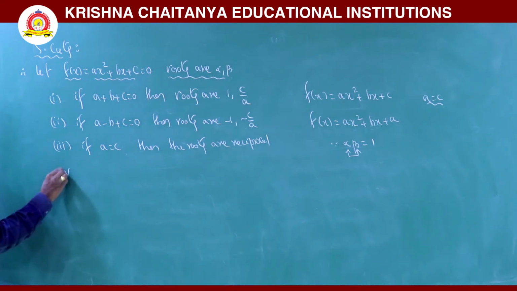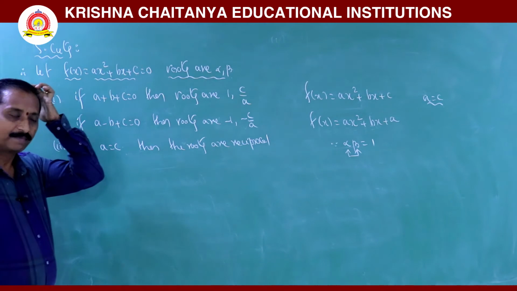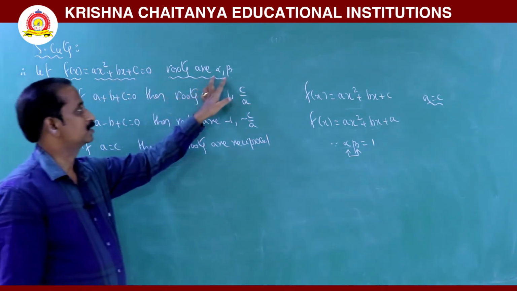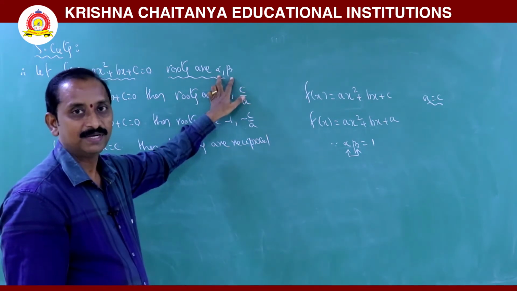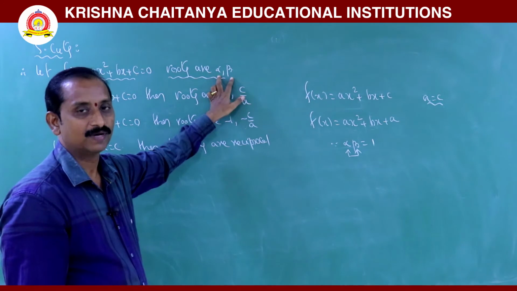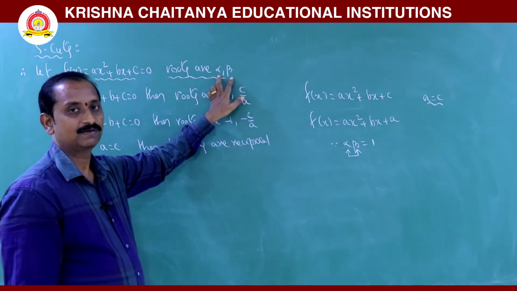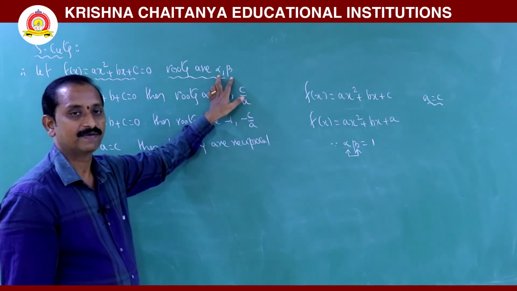Now come to the fourth point. What about the fourth point? Alpha, beta roots are given. If the roots are consecutive numbers, it means the difference should be 1. Now what condition is correct? So I want to go to the modulus of alpha minus beta value.